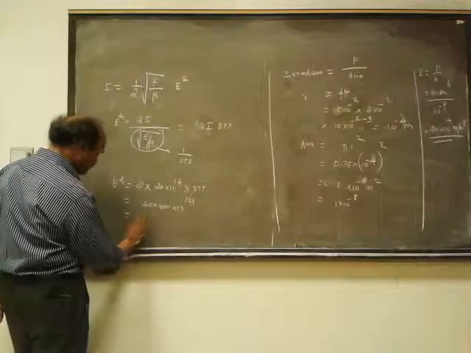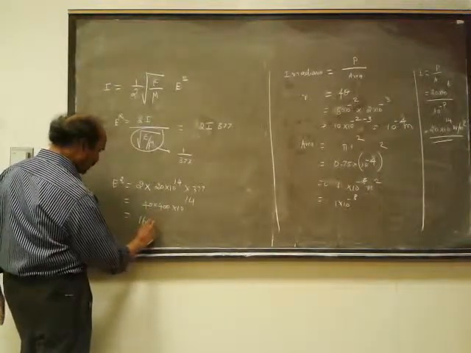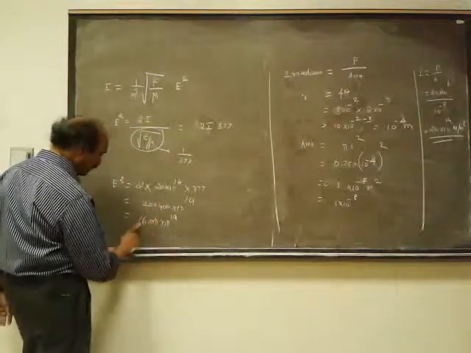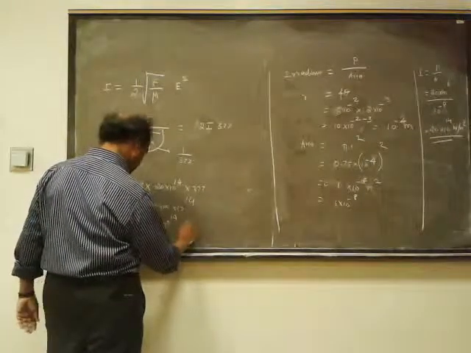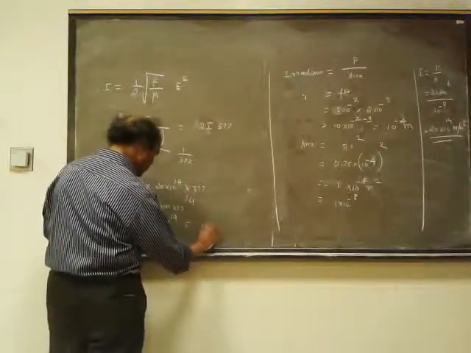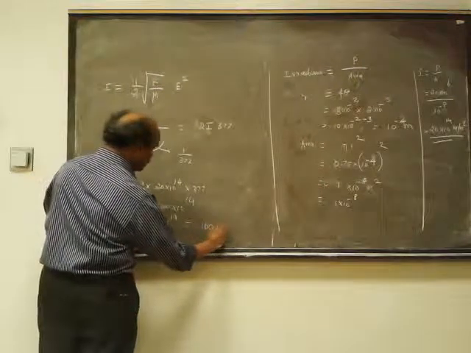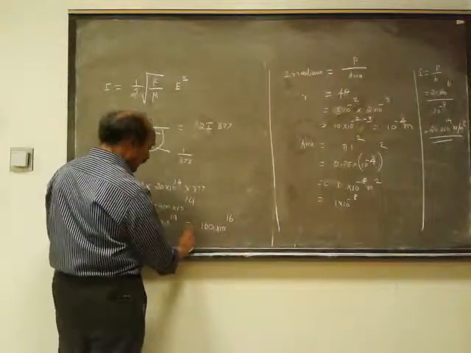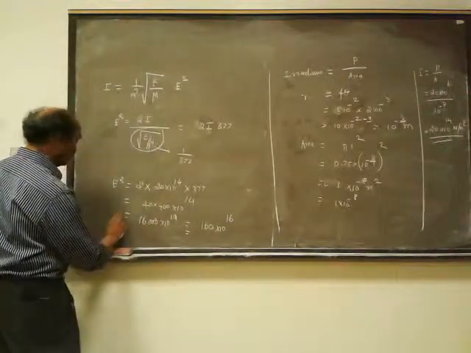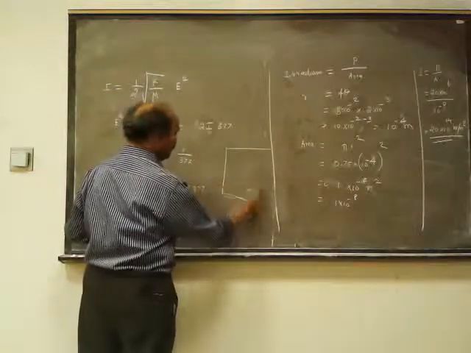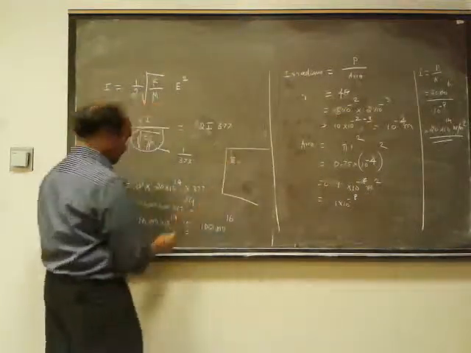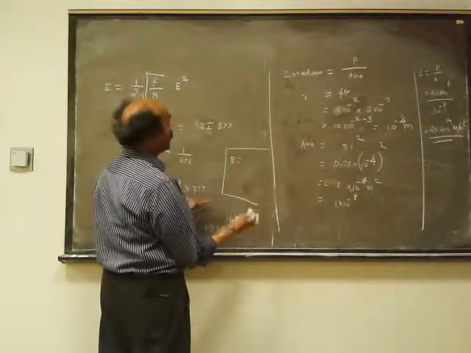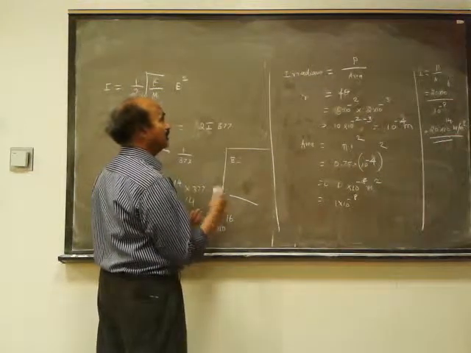So this will be 16 into 10 power 14. The simple way, I will make this 160 into 10 power 16. Then this is E square. So E will be the square root of 160.